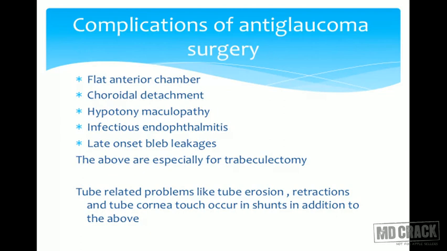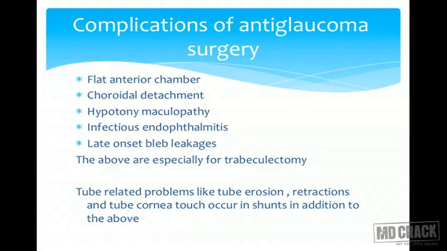Complications of anterior glaucoma surgery are very, very important, and in fact are the main cause for pursuing maximum medical therapy in most of the clinics. Flat anterior chamber, choroidal detachment, hypotony maculopathy, infectious endophthalmitis, late onset bleb leakages are especially true for cases like trabeculectomy.